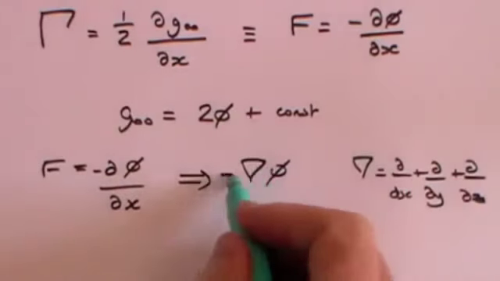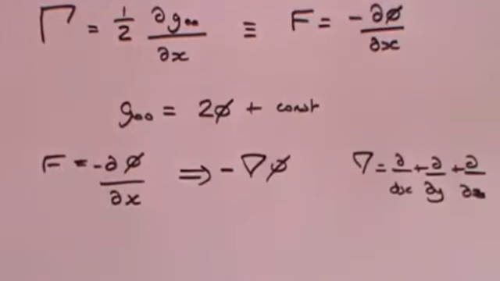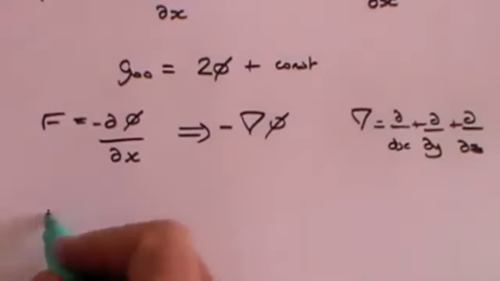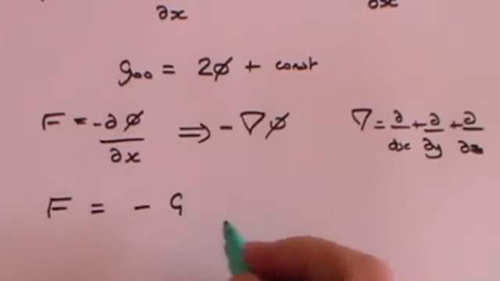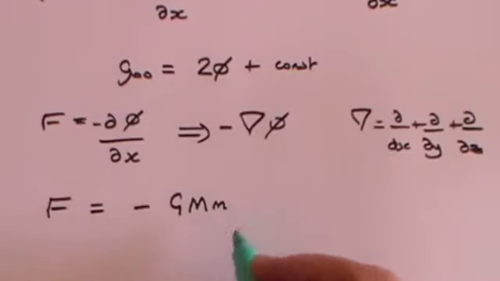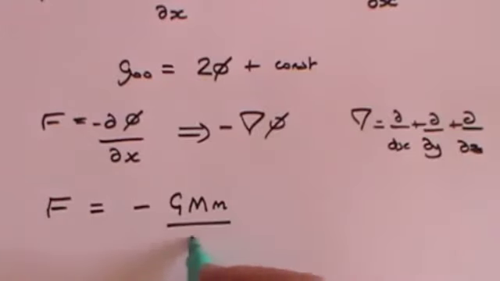And that, of course, should be minus there. But we also know from Newton's law of gravitation that the force is equal to minus G, the gravitational constant, times the mass of one object times the mass of the other object divided by the square of the distance between them.